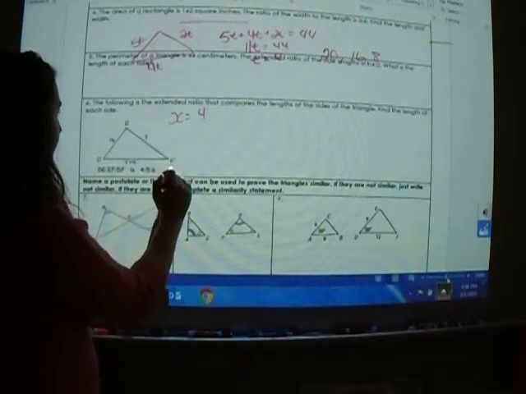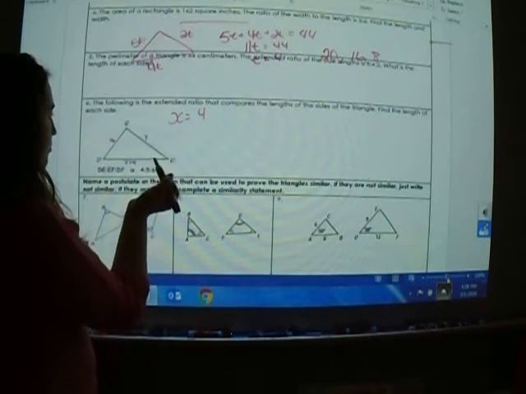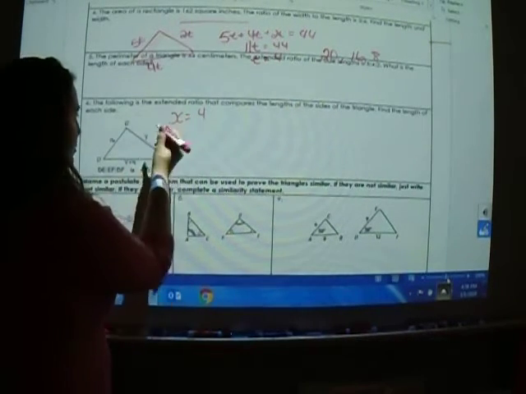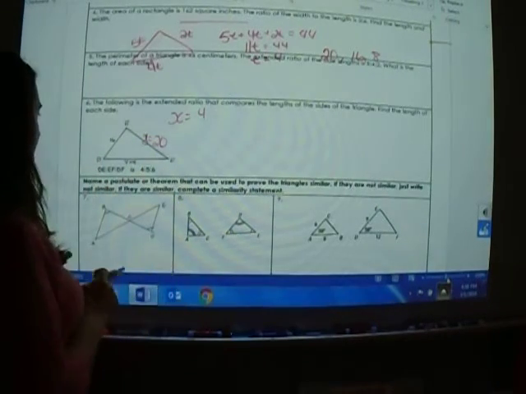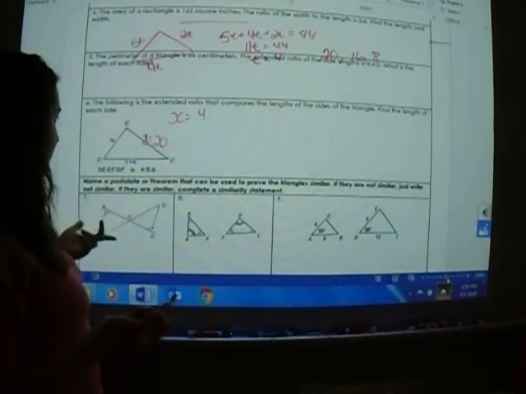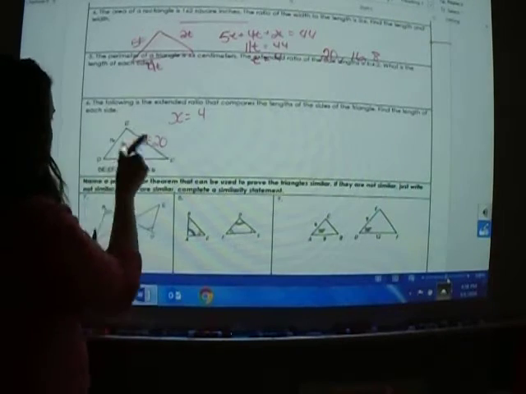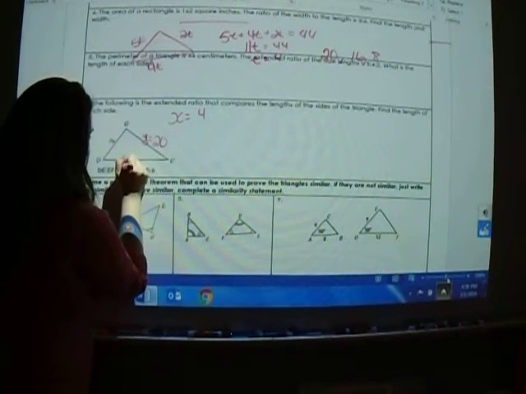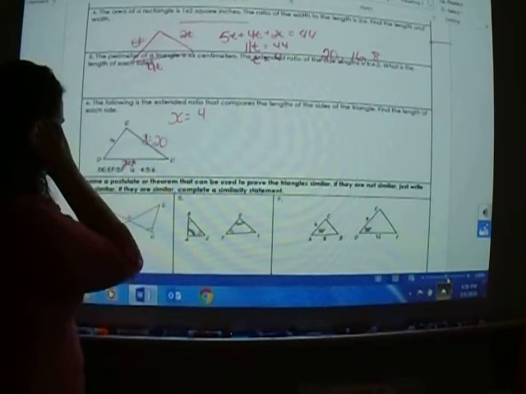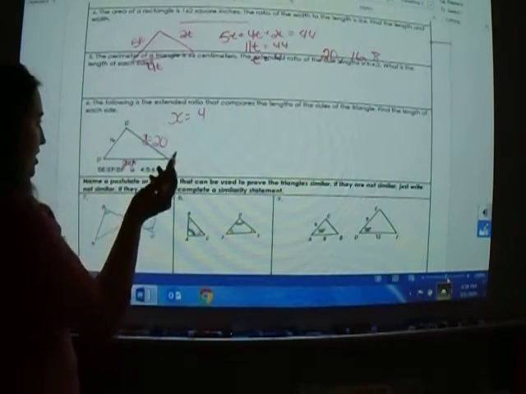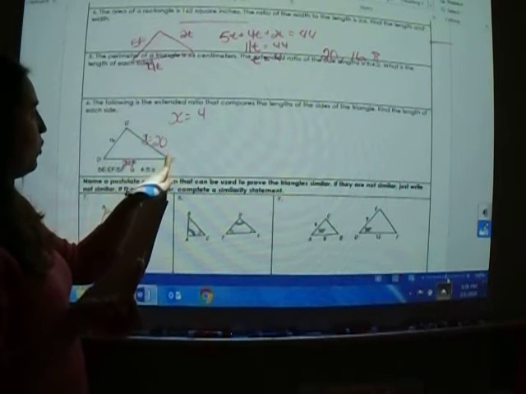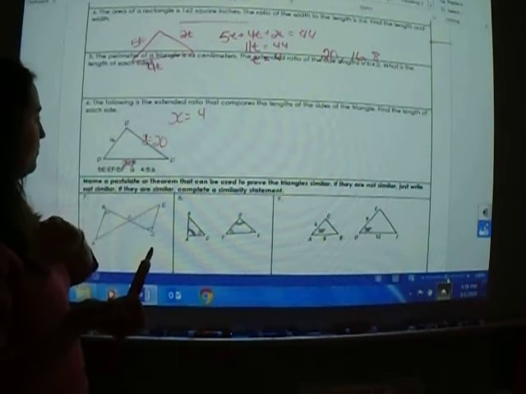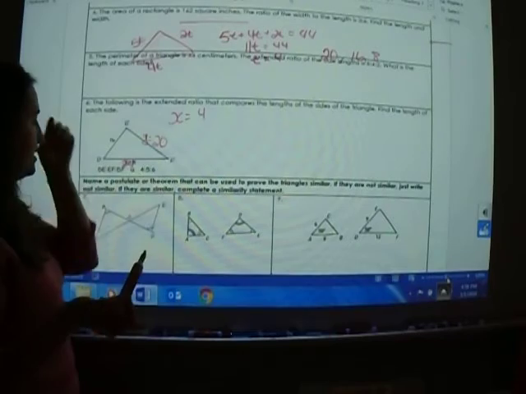EF is 5, so you would do 5 times 4, so y equals 20. All right, and finally we have y plus 4, which y is 20, so we have 24. Now we need to check to see if that checks out. This divided by 4 is 4, this divided by 4 is 5, and this divided by 4 is 6. So that works. Okay?